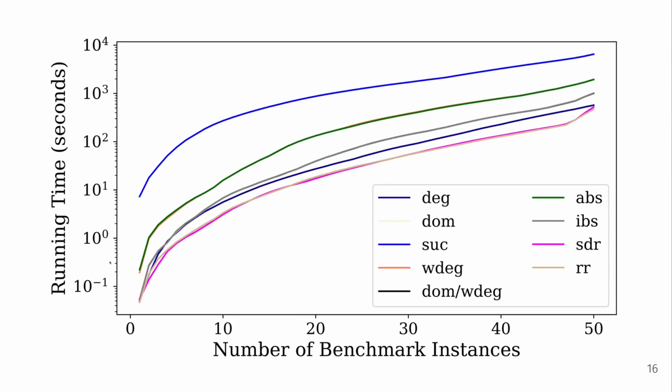This is a result for random instances for n equals 20. The y-axis is the running time in logarithm scale, and the x-axis is the number of instances that each algorithm can solve within a given amount of running time. So here, because the y-axis is in logarithm scale, a small gap can mean a lot of difference in linear scale.